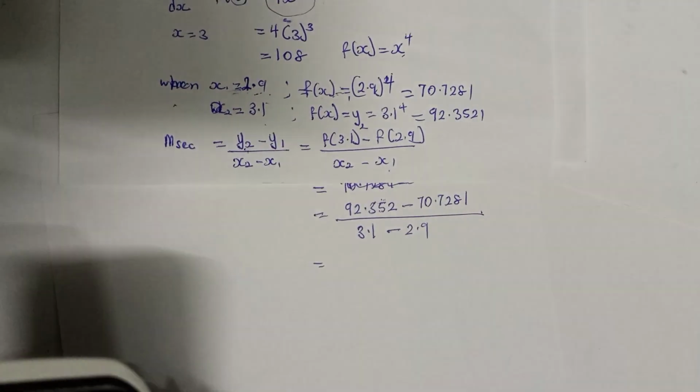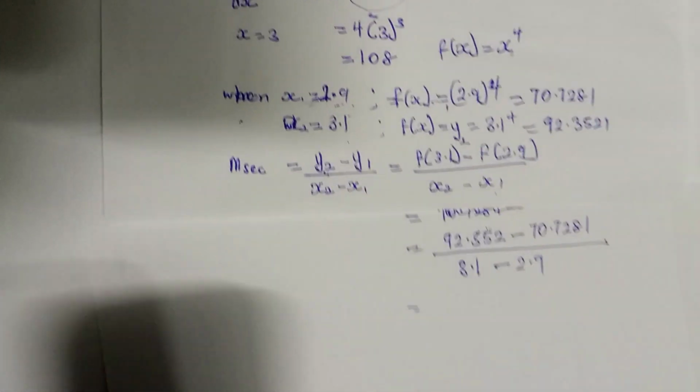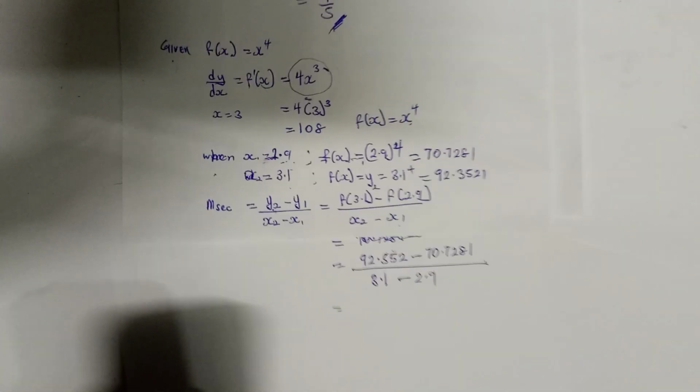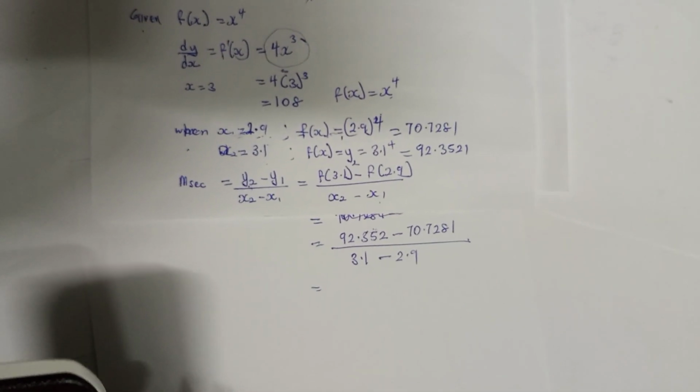92.352 minus 70.7281 divided by 3.1 minus 2.9.